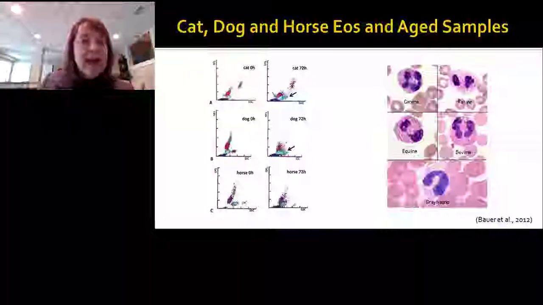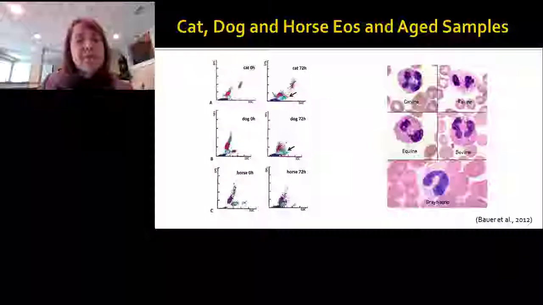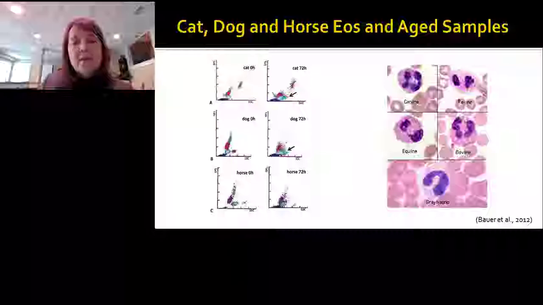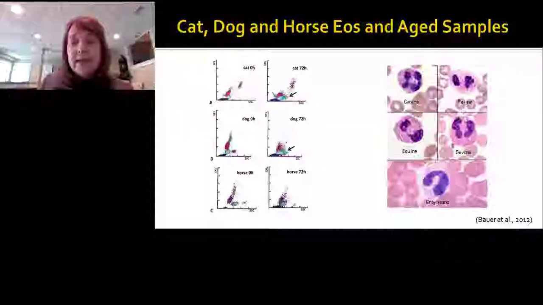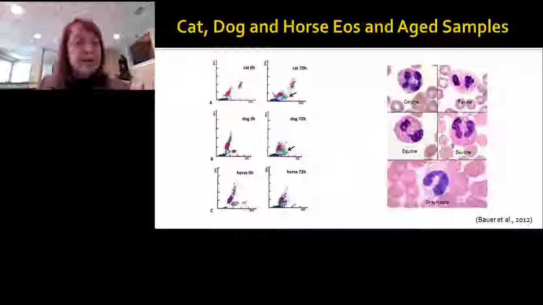If you look at the cat and the dog, we have kind of this linear distribution of neutrophils, lymphocytes, monocytes. Both of them kind of have that. If you look at the horse, typically the neutrophil population is pushed farther on the x-axis, more typical to what you would find in humans. And I will tell you, monkeys kind of do this same application. So the importance of this is that they can be different.